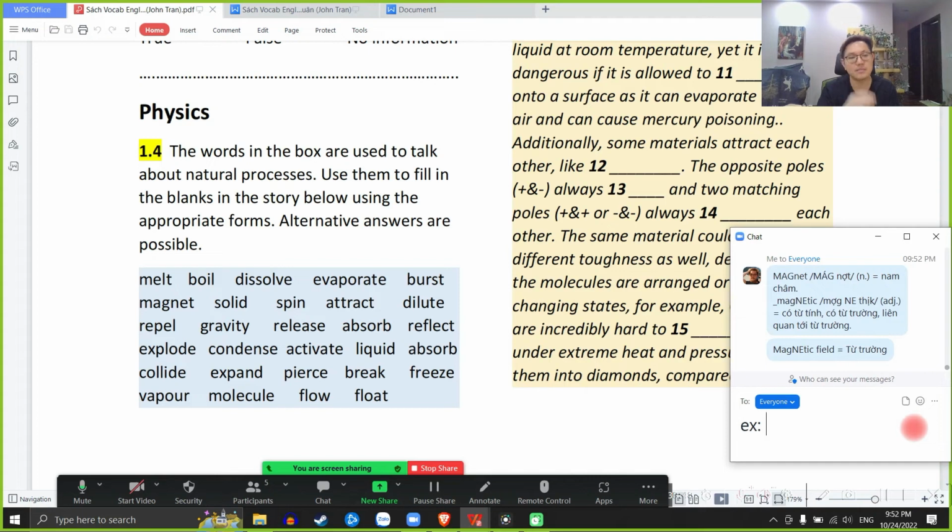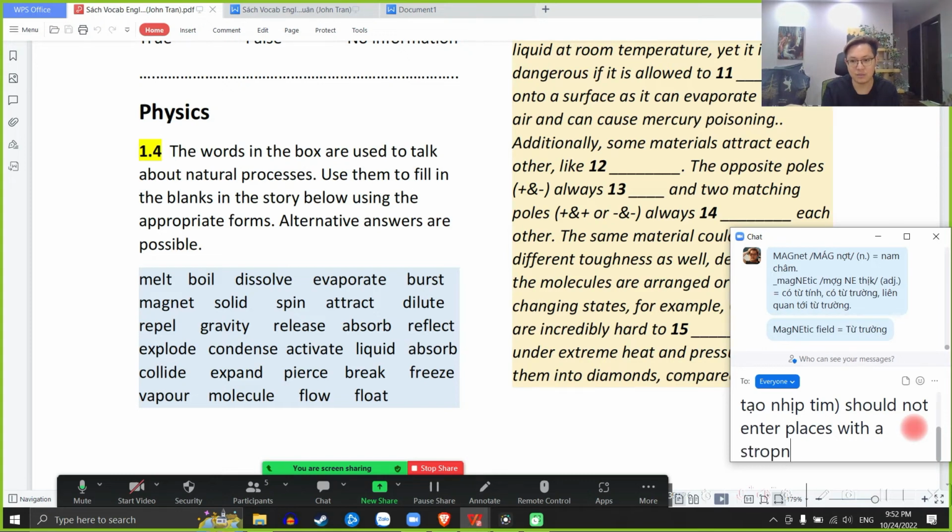For example, những người mà bị bệnh tim phải dùng cái máy trợ tim á, thì được khuyến cáo là không nên đi vào những cái vùng có từ trường. So people with heart problems and are using pacemakers, những máy tạo nhịp tim, should not enter places with a strong magnetic field.